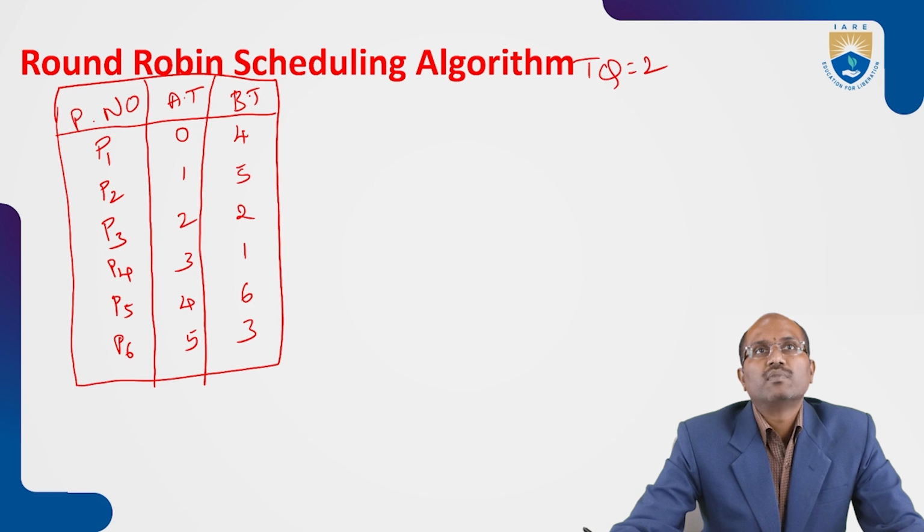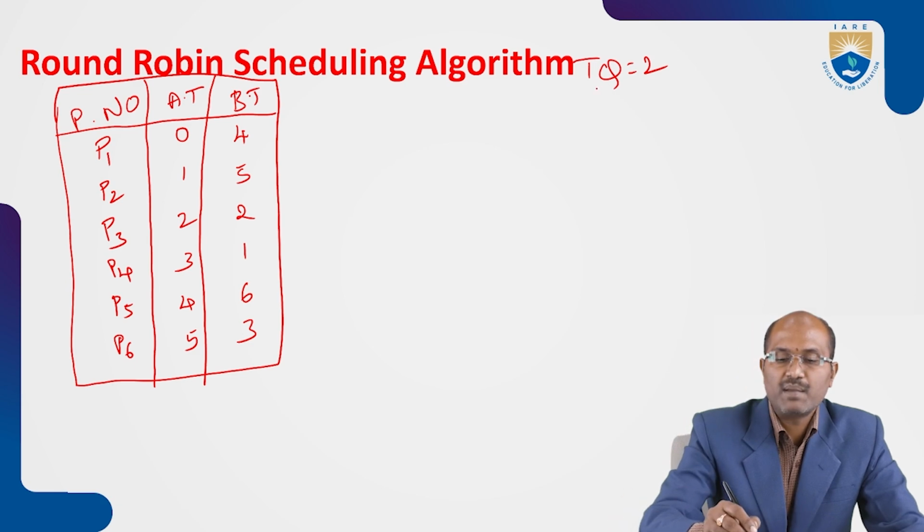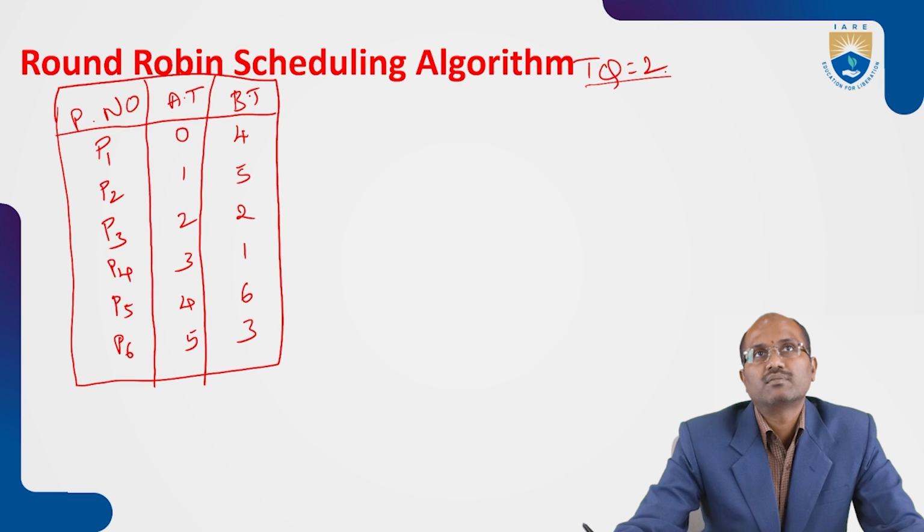In this problem, there are 6 processes: P1, P2, P3, P4, P5, P6. Their arrival times are 0, 1, 2, 3, 4, 5. Their burst times are 4, 5, 2, 1, 6, 3. In the problem, the time quantum or time slice is 2 units of time.